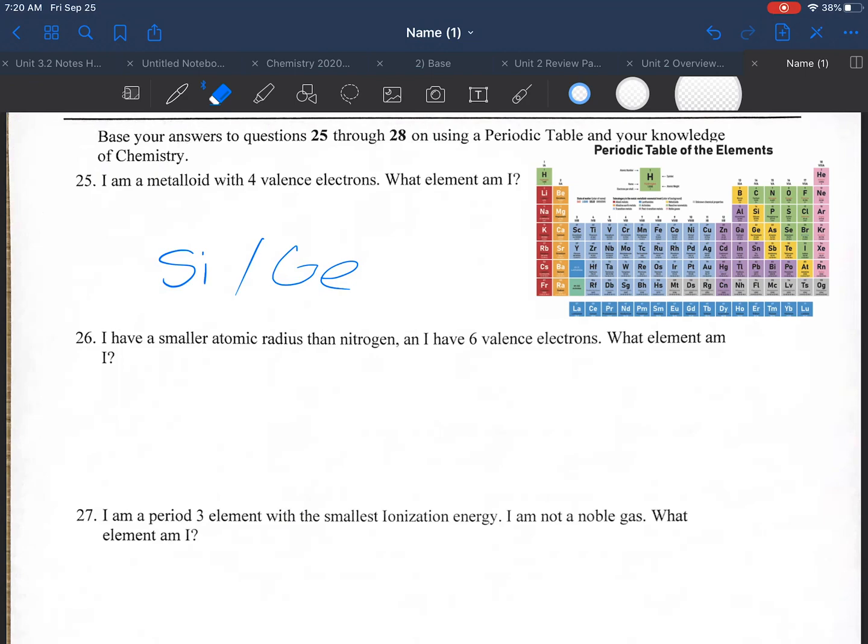So for this guy, we are going to know that it is smaller than nitrogen, and nitrogen has 5 valence electrons. That means this group has 6, so this must be oxygen, because remember the atomic radius gets bigger this way and this way, so it's got to be oxygen.